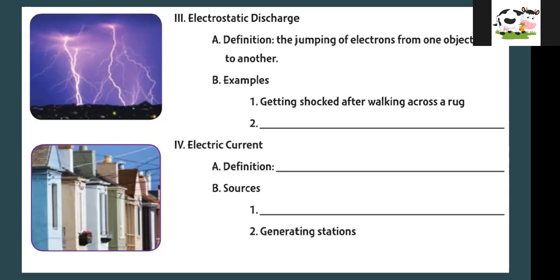Anyone else want to give it a try? You don't have to give a proper definition. Just try to explain what you think it is. No? Okay, we'll get Nathan to say this one. Electrical current is electricity that's moving. Yeah, charges that flow. Good.